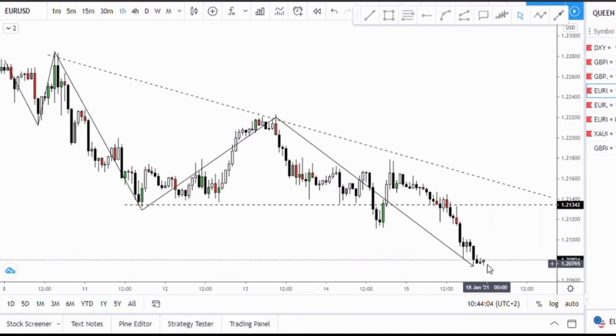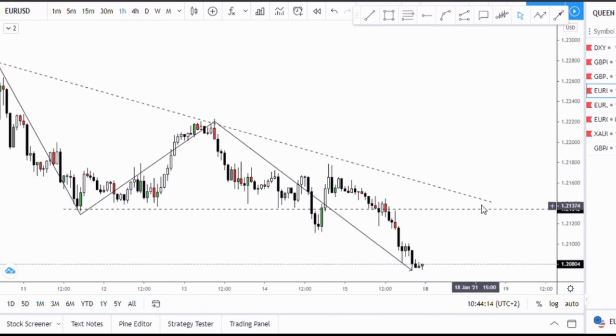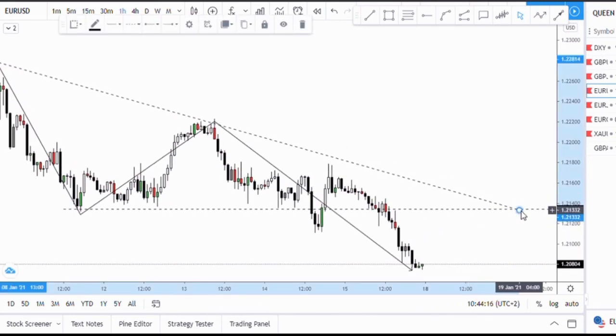So if this is the new low that price has made, then I would expect price to come all the way up back here to where our previous support is and our trend line is. And if price breaks this, then we should see price continuing up. Why? Because there is a resistance and there's a trend line. That gives us 2 things that make the confluence stronger.